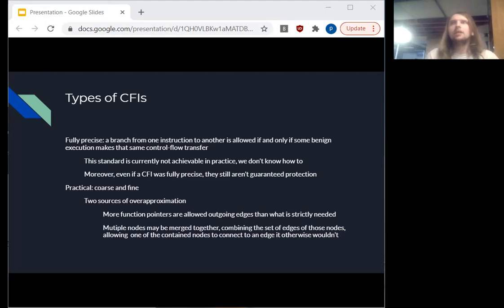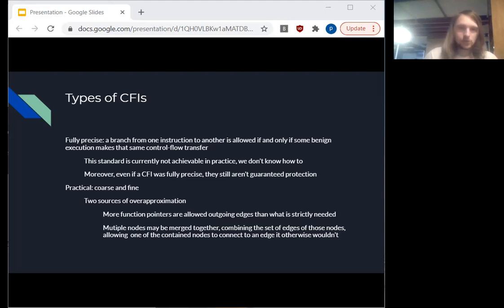It also matters if two nodes have different outgoing edges but they're linked and then they merge, then they become a superset, the union, I'm sorry, of those two sets of edges. And so in that case, one node is going to have outgoing edges that it only has because it merged, and it's only because it was able to connect to this other thing. So those are issues where it's over approximate and we don't know how to get fully precise CFIs and CFGs.